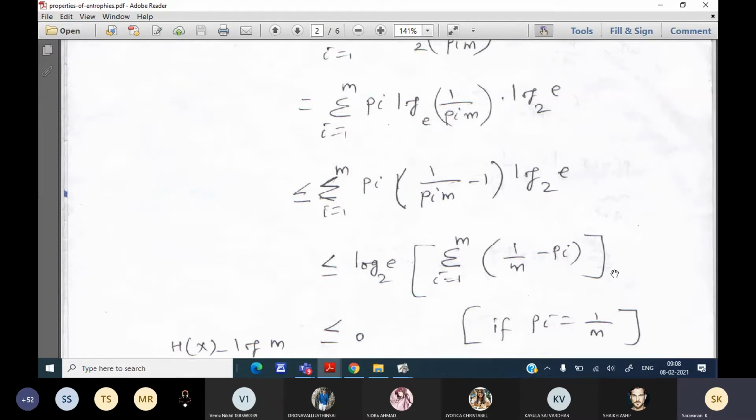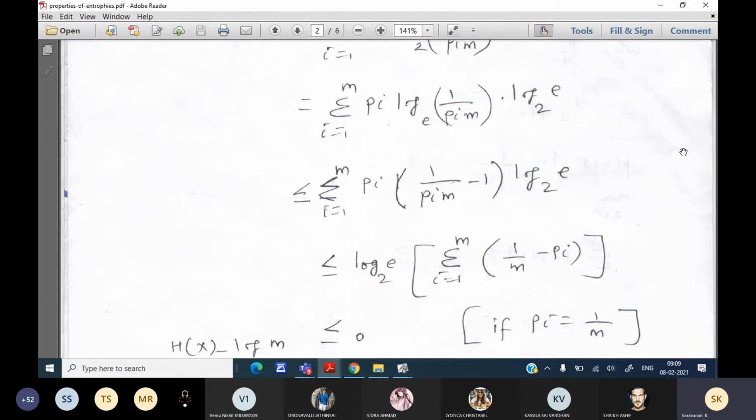Here m is the number of alphabet or symbols generated by source, the total alphabet generated by source. When the probability of occurrence of all the symbols are equal, the probability is going to be 1 by m. If pi is 1 by m, this term is going to become 0, so the right hand side becomes 0.